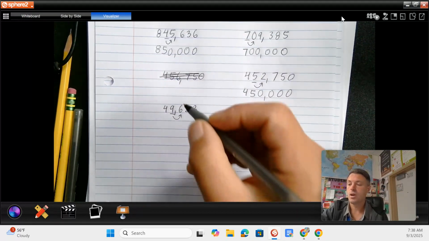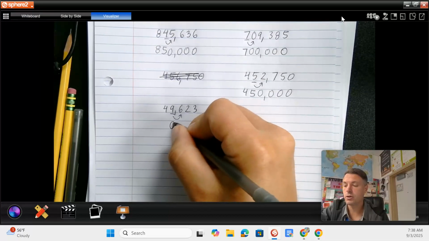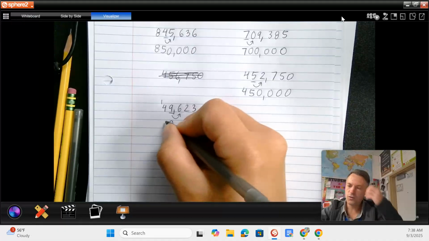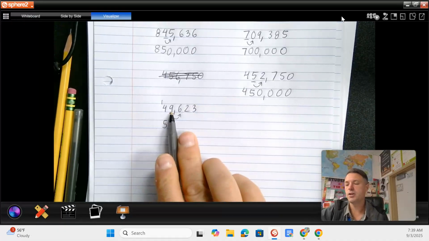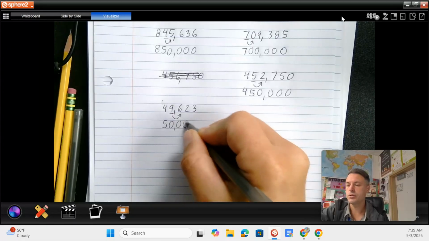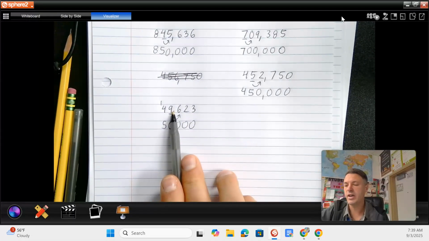So here's what you do. The 9 becomes a 10 and you basically regroup. So the 0 goes there, you carry the 1 above the 4, and the 4 becomes a 5. So if you rounded 49,623 to the 1,000s place, these all become zeros, of course. You end up having to round up the 10,000s place too, because that 1,000s place, since it's a 9, becomes a 10.